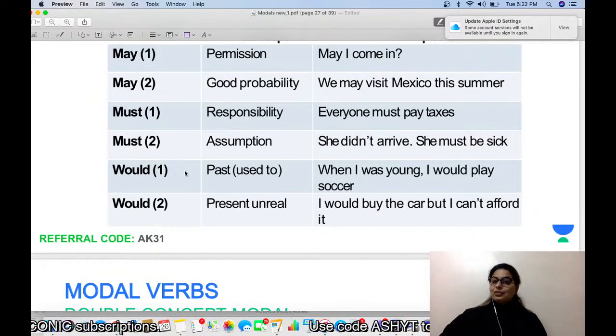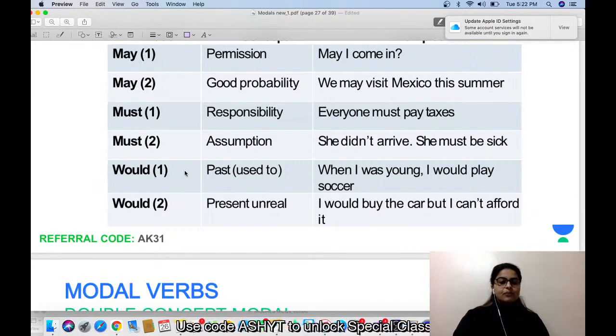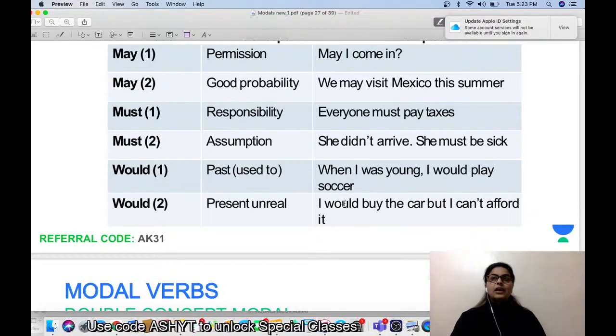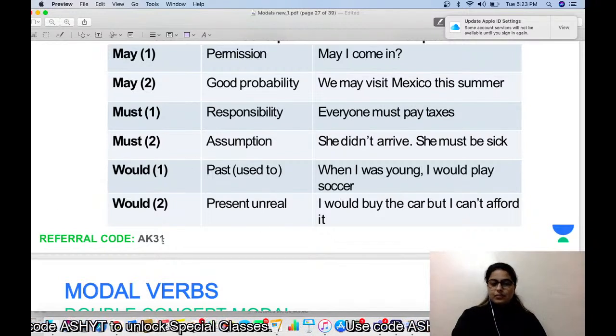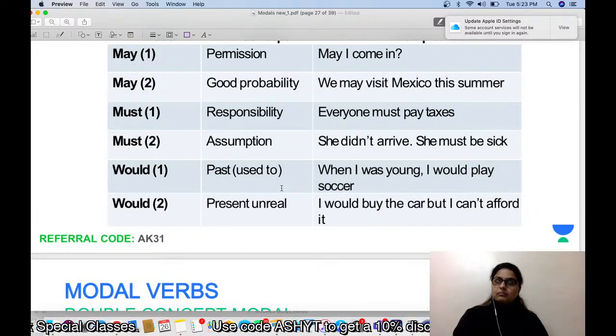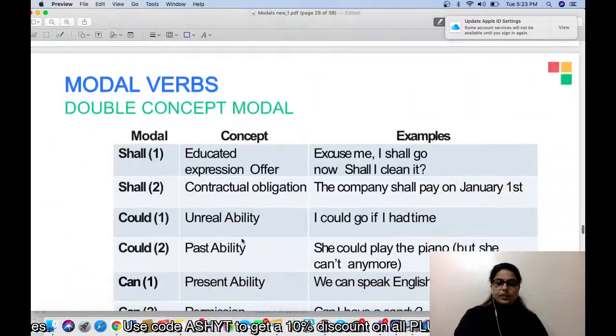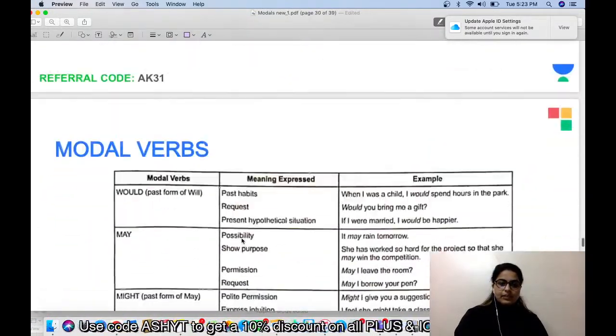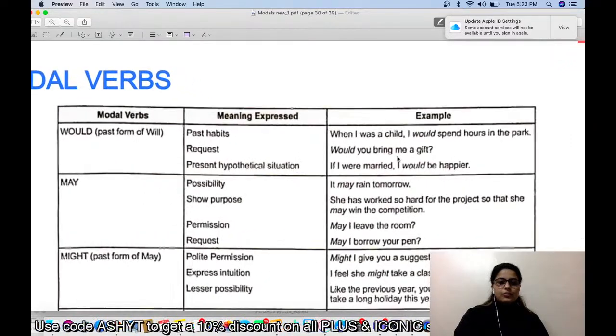So it is something which is part of present, but you know it is unreal, something that is imaginative or imaginary. Like I would buy the car, but I can't afford it. So here you can see the usage of would, ladies and gentlemen, wherein for past we can use it, whereas also for present unreal we can use would. Remember that.